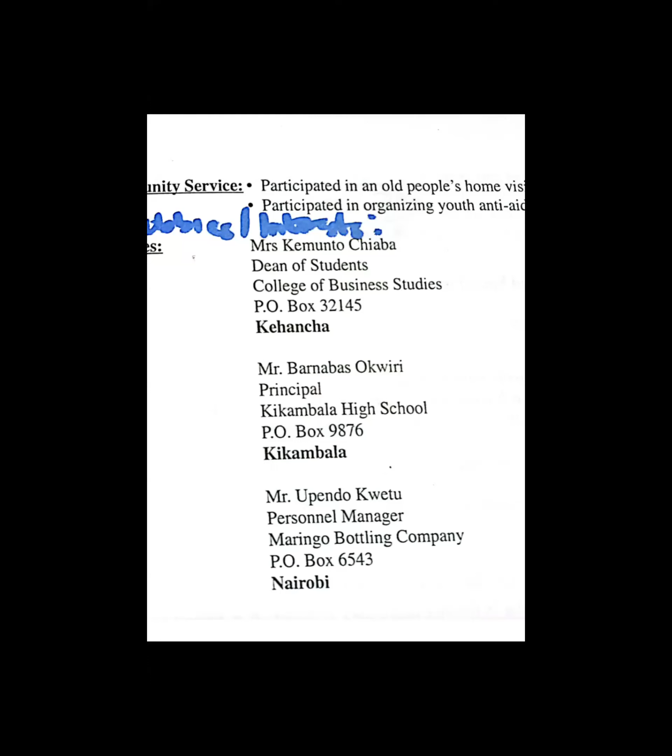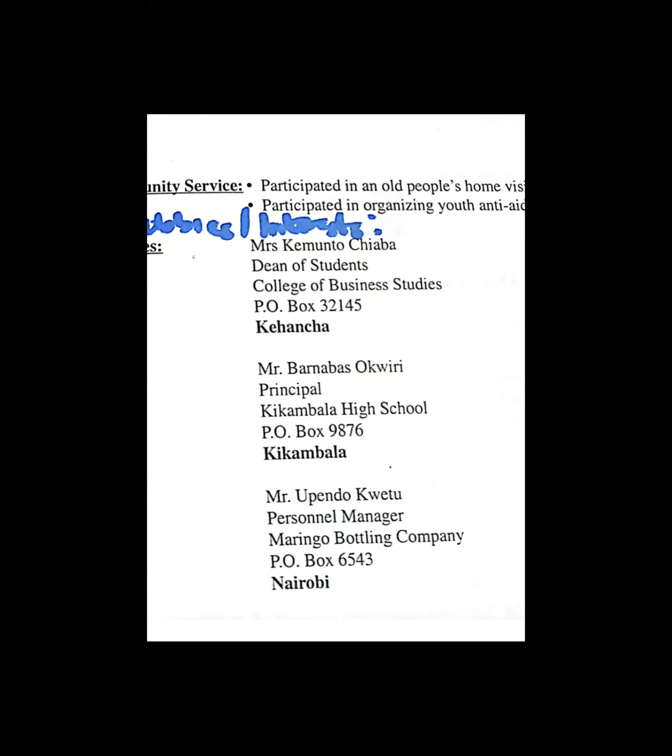Then you have Mr. Barnabas Okwiri, that is the principal, Kikambala High School, PO Box 9876. Include the phone number, include the email address. And then Mr. Upendo Kwetu, the personnel manager, Maringo Bottling Company, PO Box.